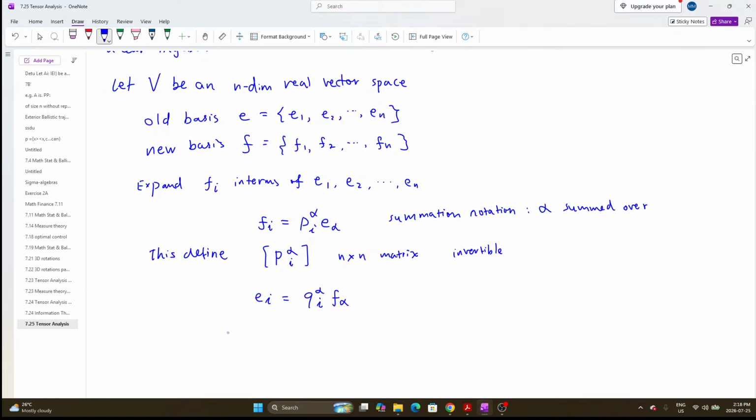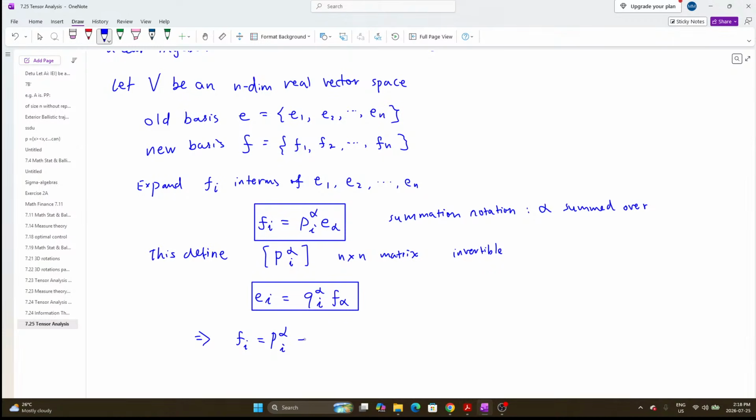So together, the two equations tell us the relation between P and Q. So Fi is P alpha I times E alpha.